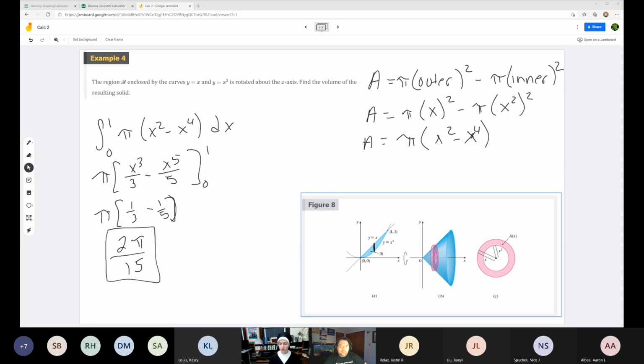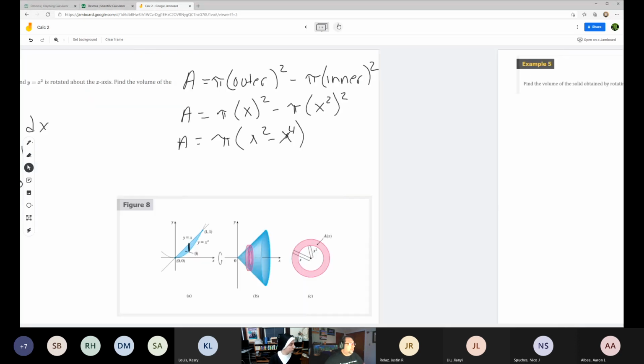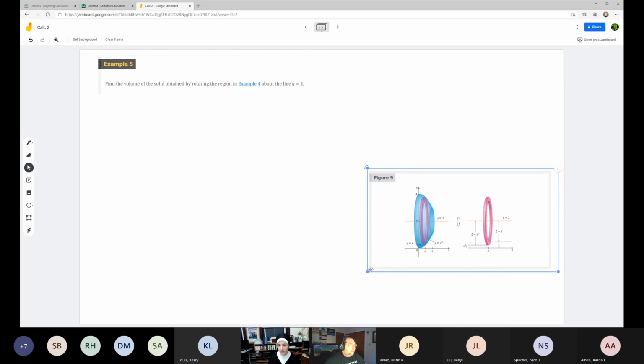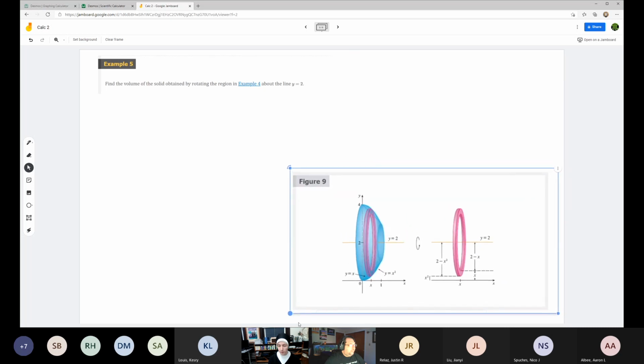All right. So I'll do one more disc or donut one, and then we're going to go on to the cylinder ones. The only difference on this one is where we're rotating it around.